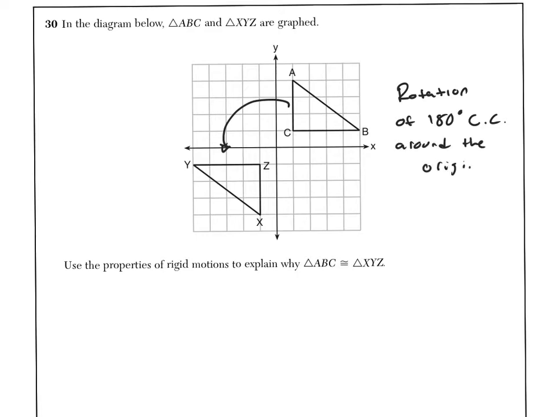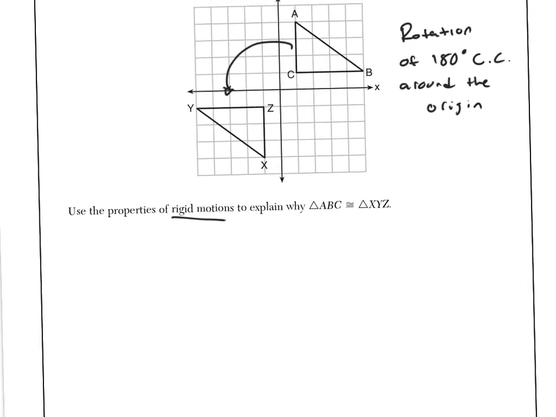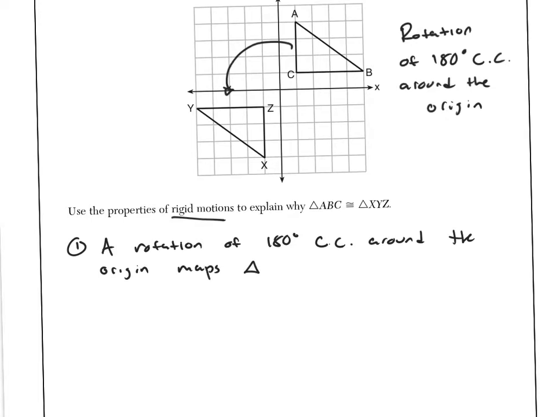And then we have to use the properties of rigid motions to state why they are in fact incongruent. So remember, there's 2 steps to this. First we're going to write this: 1, a rotation of 180 degrees counterclockwise around the origin maps triangle ABC onto triangle XYZ.